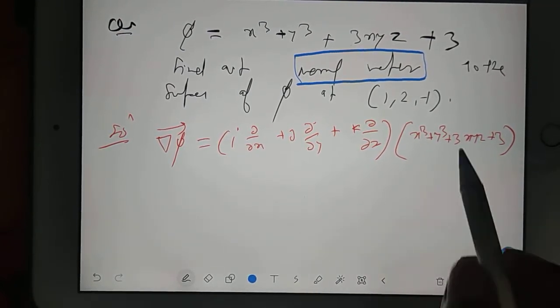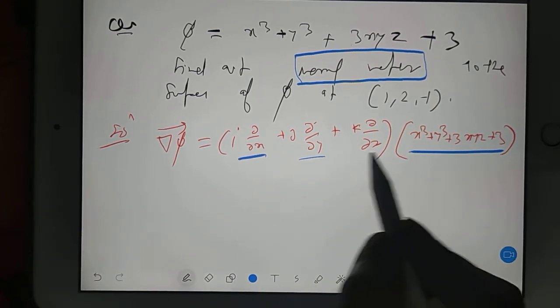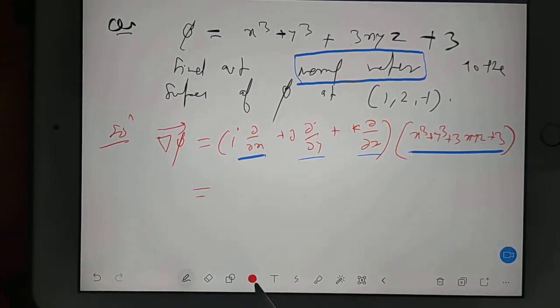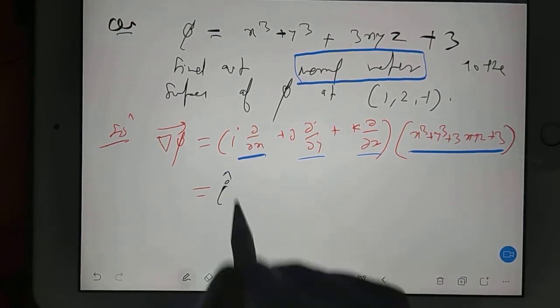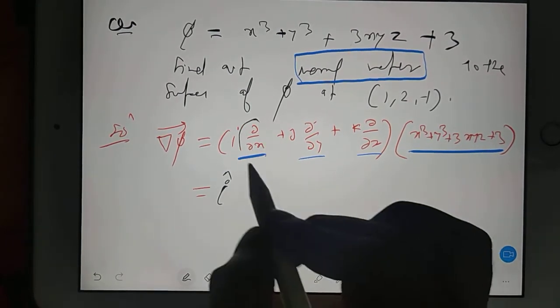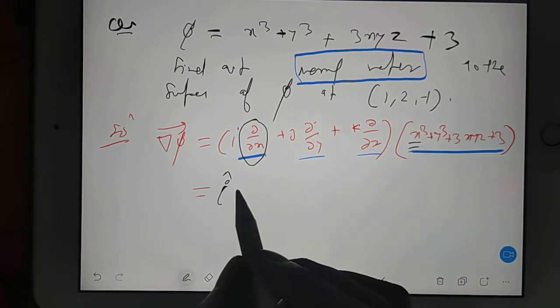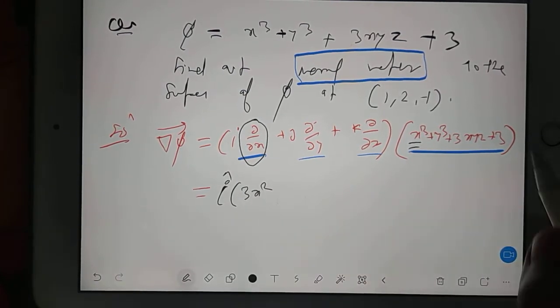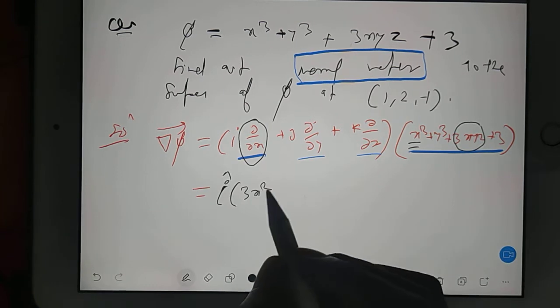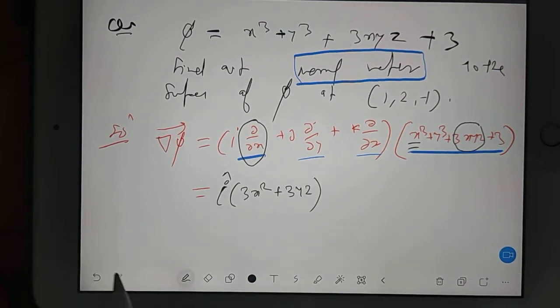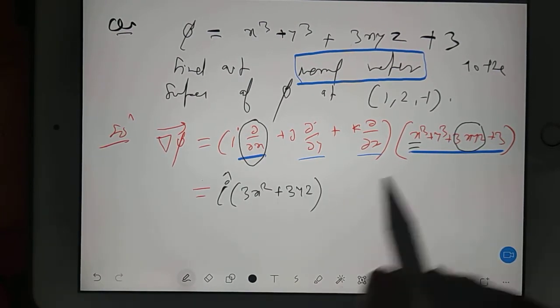What is your next approach? You take this bracket and multiply here, here and here. So i will come as it is. This dou by dou x will differentiate this, it will be 3x square plus 3yz. Correct?